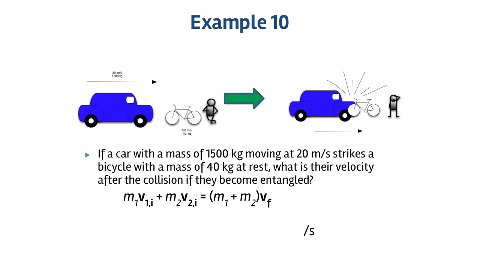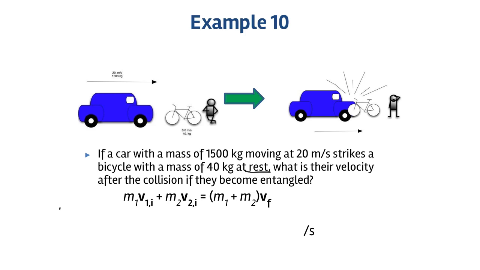If a car with a mass of 1,500 kilograms moving at 20 meters per second strikes a bicycle with a mass of 40 kilograms and it is at rest, what is their velocity after the collision if they become entangled?